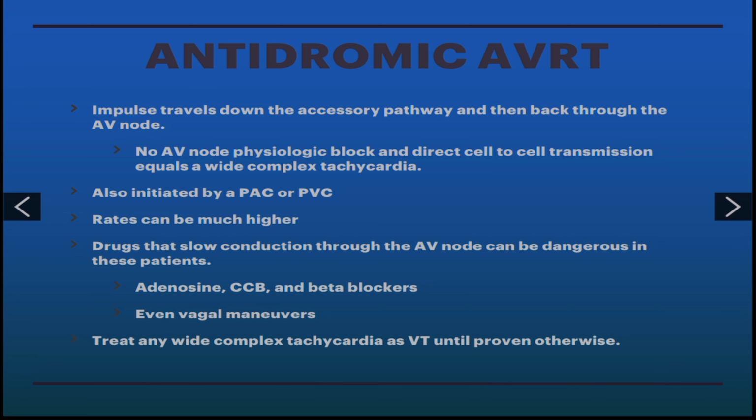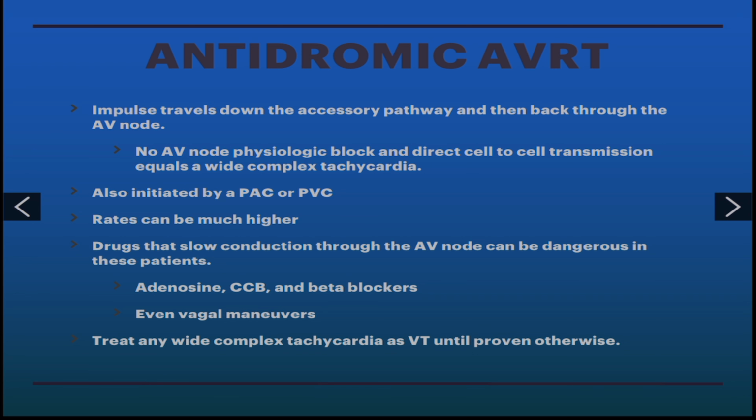So with antidromic AVRT, because the QRS complex is wide, just a golden rule of pre-hospital management of tachycardic rhythms is you treat a wide complex tachycardia as ventricular tachycardia until proven otherwise. And in ventricular tachycardia, we're not going to be giving a patient diltiazem, probably not going to be giving them adenosine.